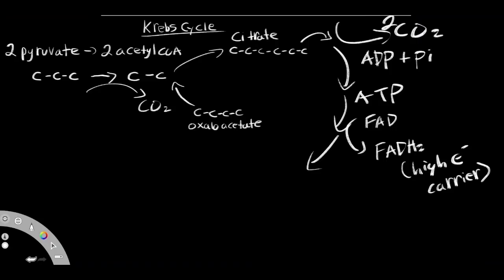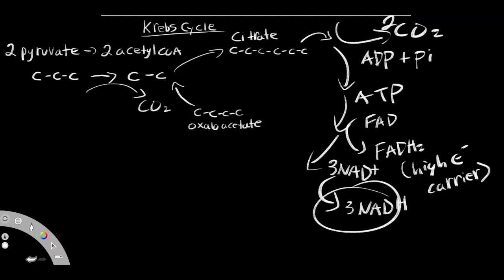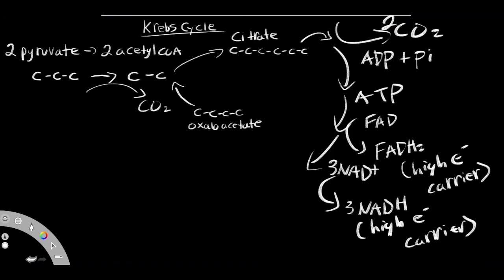Then that carbon fixation also ensures that 3 NAD pluses can turn into 3 NADHs. Again, this is also a high energy electron carrier. And same thing with the FADH2, the NADHs are going to donate the electrons they're holding in order to generate ATP for the next phase.